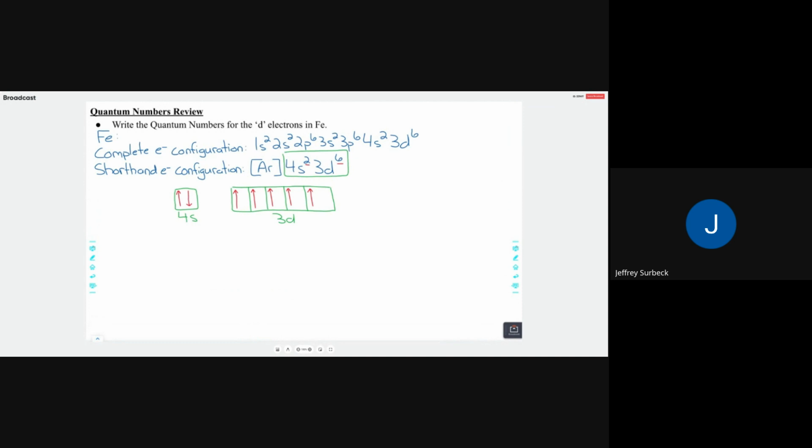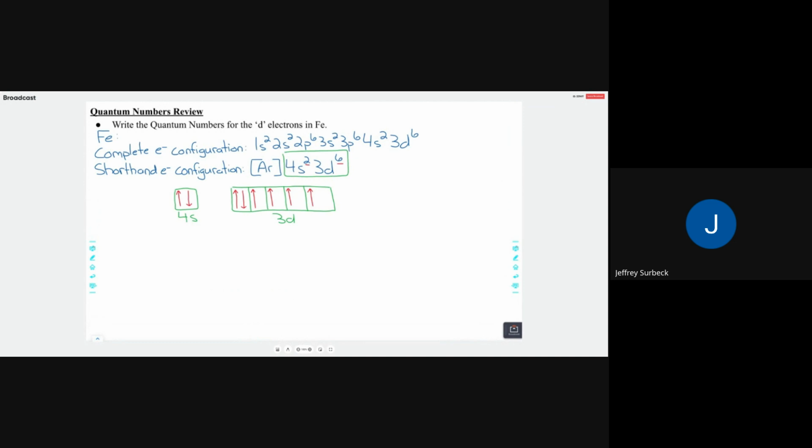For our 6th arrow, we would go back to our original orbital, all the way on the left of the 3d section, and add that second electron, but it has to have the opposite spin. So again, abiding by our rules in drawing our orbital box diagram, each orbital is going to get an electron before you go back and add that second electron in the orbital.